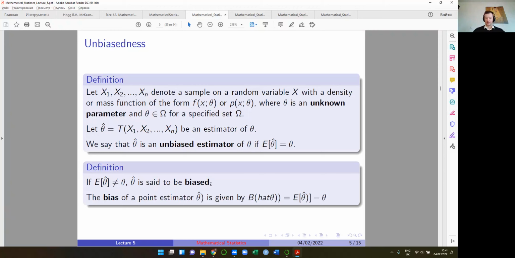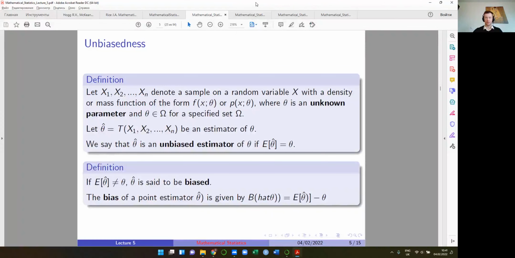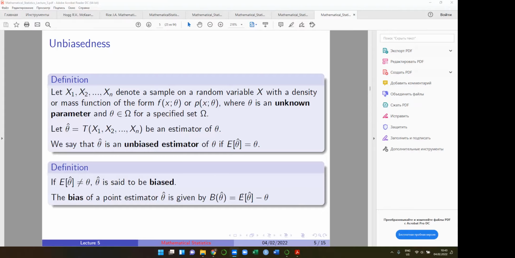So the bias is, oops, yeah, the bias is the difference between this expectation and theta. I must correct this. So the bias is the difference between what you expect and your target: the expectation and the unknown parameter.